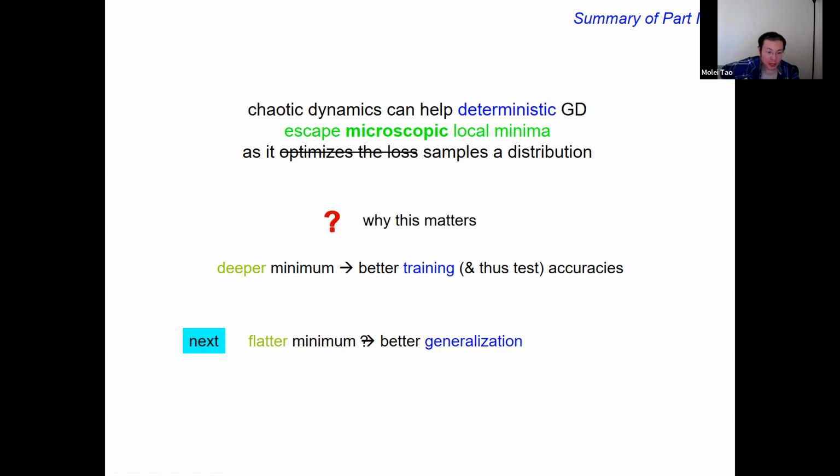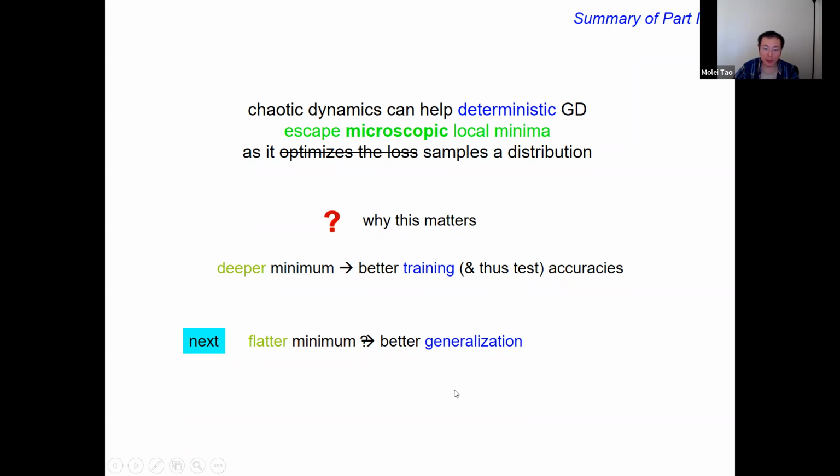What I'm going to do next is say that with a large learning rate, you can actually get to flatter minima as well. There is a common belief that flatter minima give you better generalization. This belief is never proved, and I'm not going to prove it either. In fact, I know there is a lot of evidence, but I also know there are compelling results that show the contrary, that disprove this.